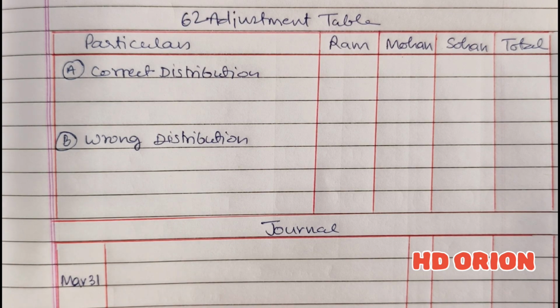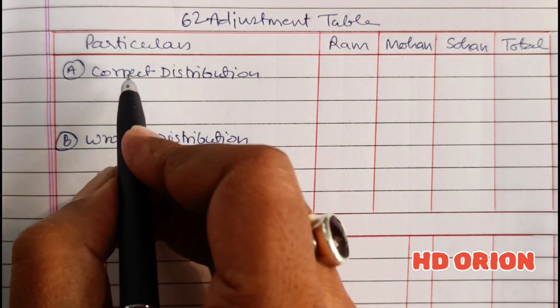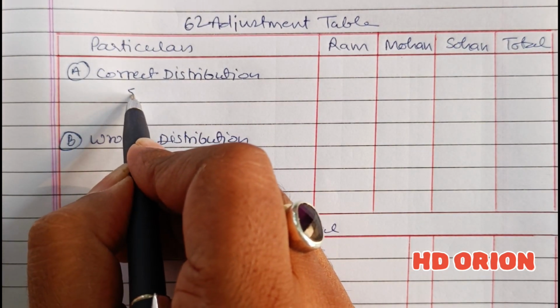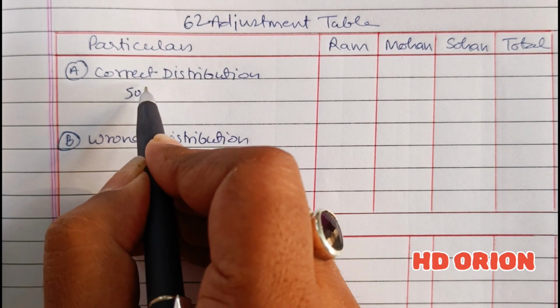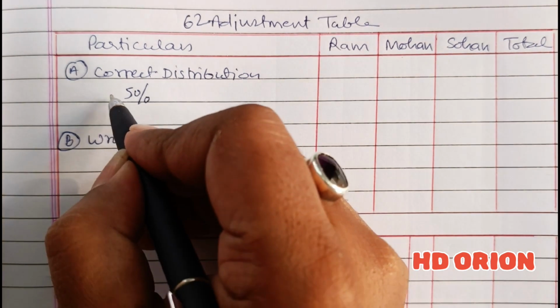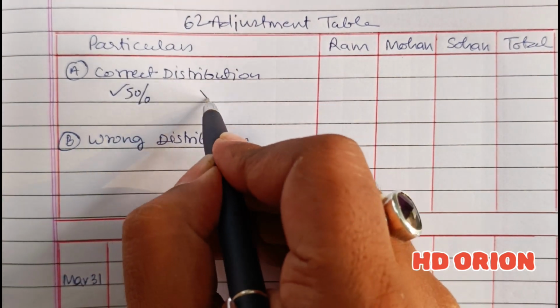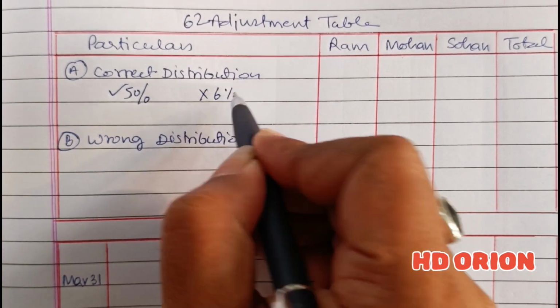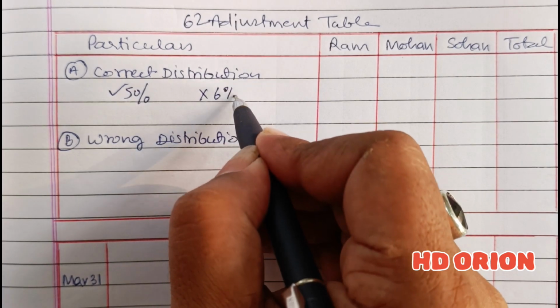So the error is of only 1% of capital. 5% and 6% difference is only 1%. As per correct distribution, 5% interest on capital is correct, but by mistake we have given them 6% interest on capital.